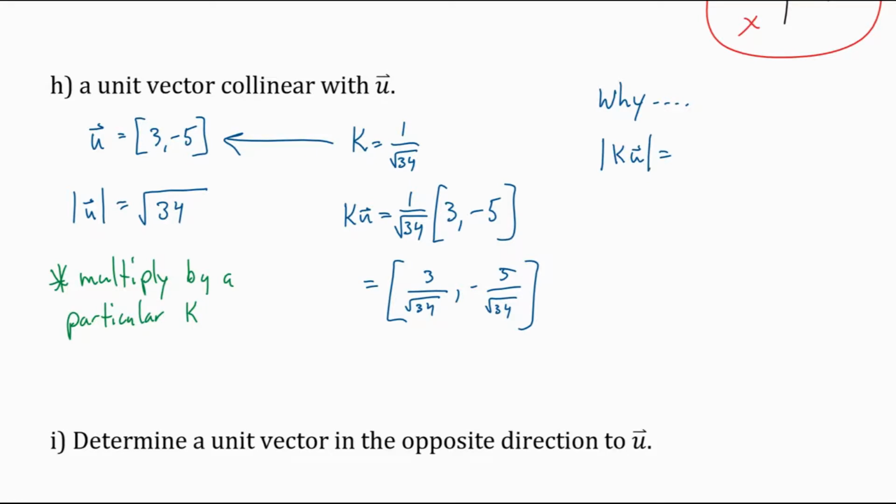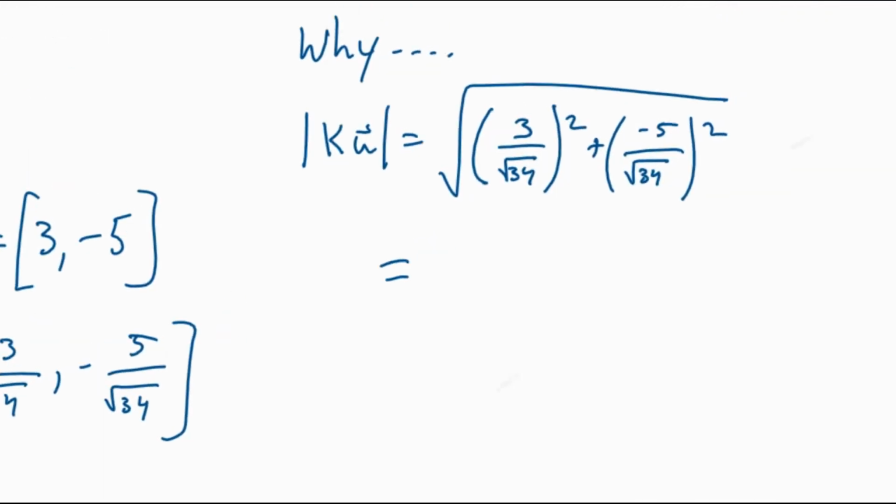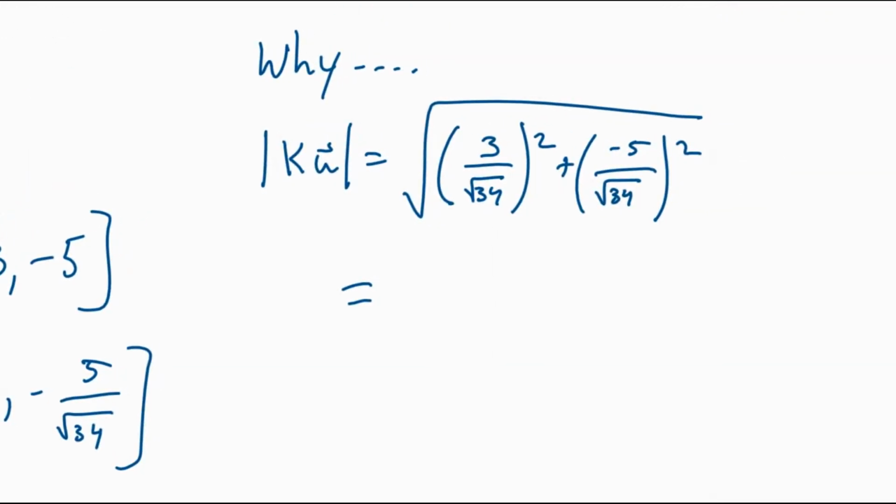So let's take a look at the magnitude of our constant k, which is 1 over the magnitude of u, times vector u. So it's going to be 3 over root 34 all squared plus -5 over root 34 all squared. Now before we do anything, think about what this is. When I square root 34, I get 34, right?